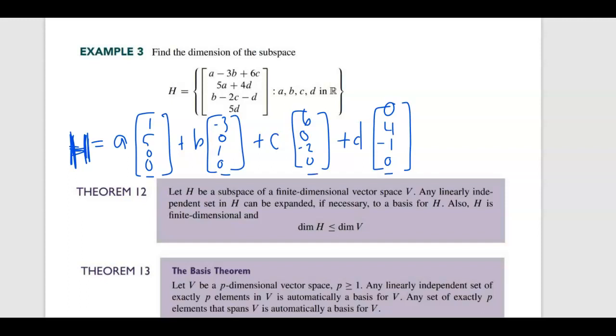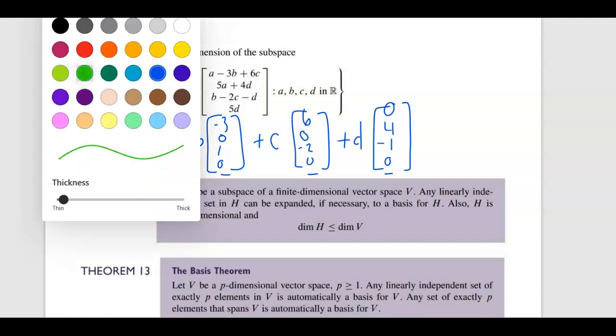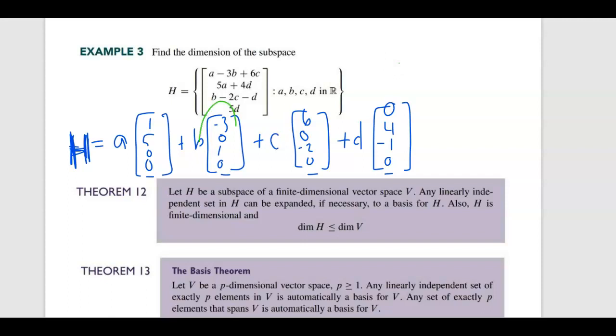But are they linearly independent vectors? We need to figure out what the basis is. Let's look at vector 1 and 2. No way, because I have zeros in that spot. Let's look at vector 2 and vector 3. Uh-oh. If you look at vector 2 and vector 3, vector 3 is a multiple of vector 2.